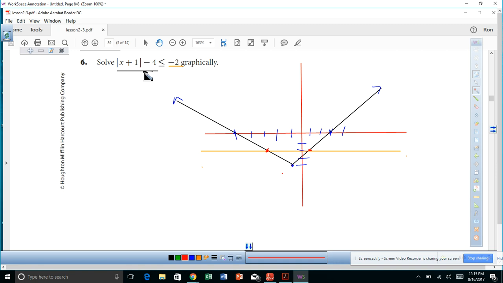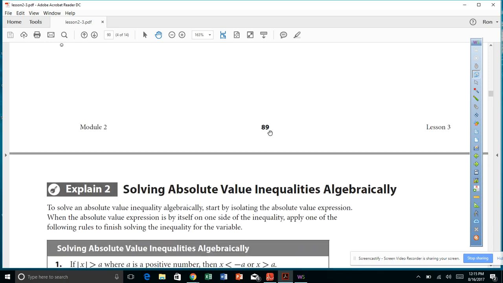So it's going to lie between these 2 points. And I'm thinking this one here is negative 3. So x equals negative 3. And that one there is going to be x equals 1. So it's going to lie between negative 3 and 1. All right.